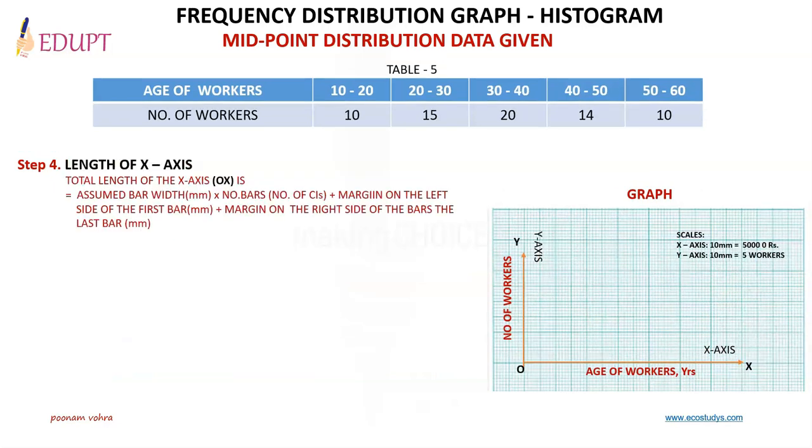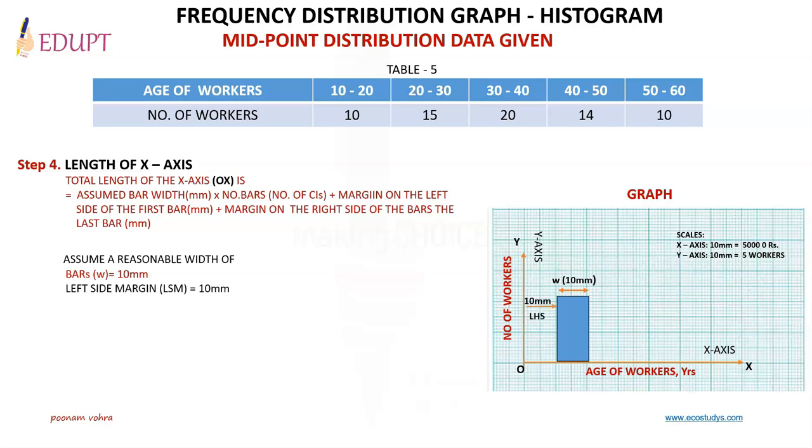The next step is to find the length of axis. X-axis would comprise assumed bar width in millimeters into number of bars, that is number of class intervals, plus margin on the left side bar and margin on the right side bars. So assume a reasonable width of bar, which is 10 millimeter. Left side margin is 10 millimeter. Right side margin is also 10 millimeter.